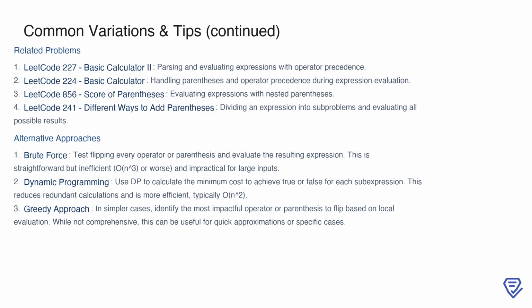A more efficient approach is dynamic programming, where you compute the minimum cost to achieve true or false for each sub-expression, reducing redundant calculations to achieve a time complexity closer to O(n^2). Another option is a greedy approach, which involves identifying the most impactful operator or parenthesis to flip based on local evaluation. While this method is fast and simple, it doesn't guarantee the optimal solution in all cases.